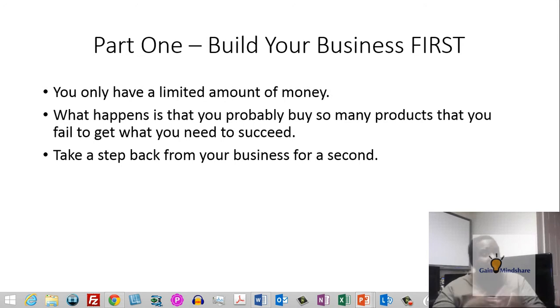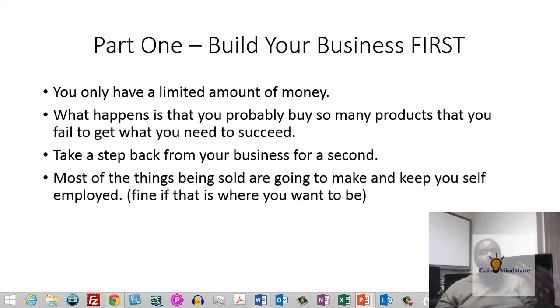And what typically happens is we run into a roadblock, sometimes because we don't know what to do, but other times it's because we have to often buy something else in order to put the whole thing together. So take a step back from your business and think about all the instances where there was something that got in your way from moving forward, because I want to talk about that here in this video.